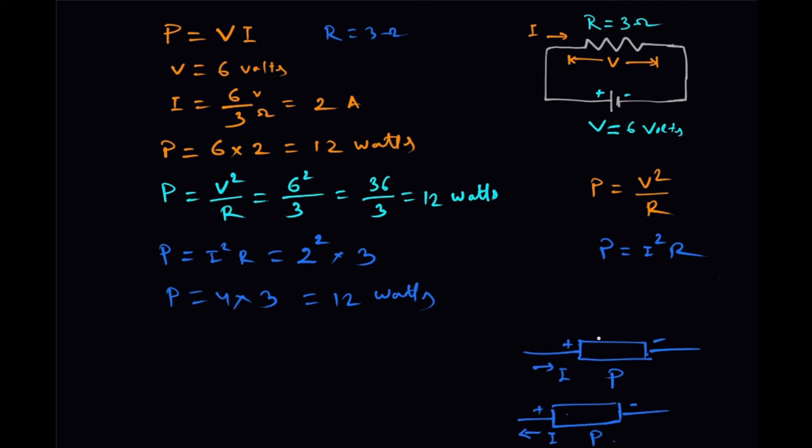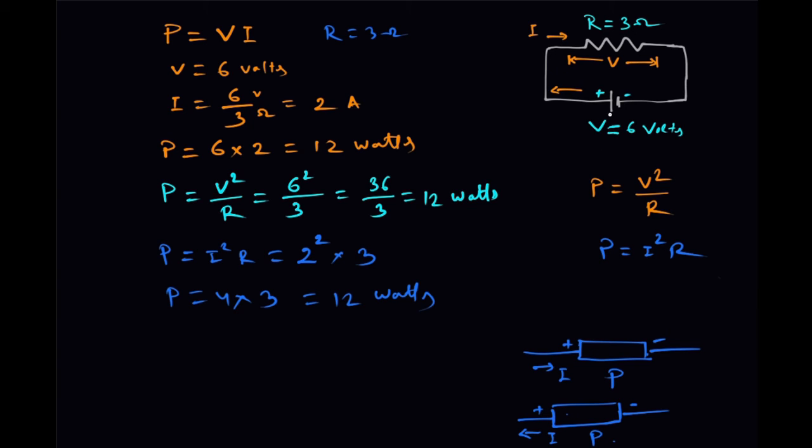So you should remember that when the current is entering the positive terminal of the element, then the element is consuming power, and when the current is leaving the positive terminal, that element is supplying power. Here you can see that the current is flowing away from the positive terminal, just like this case.